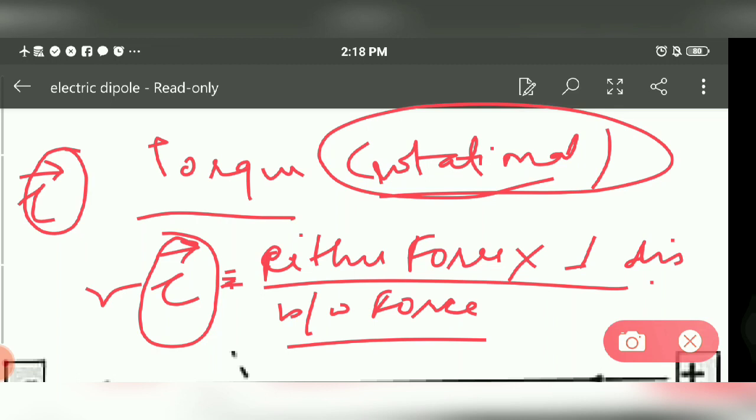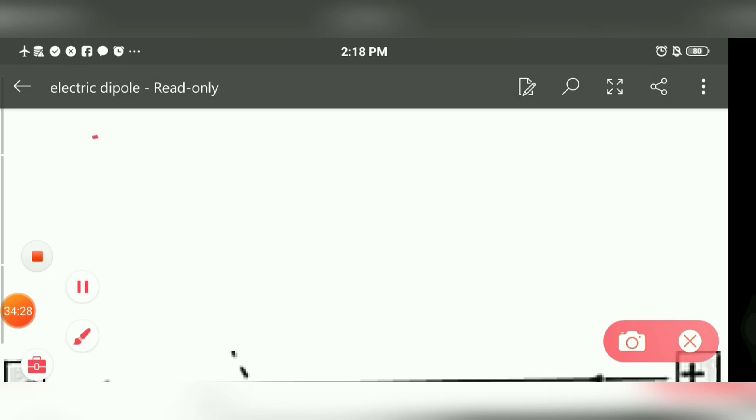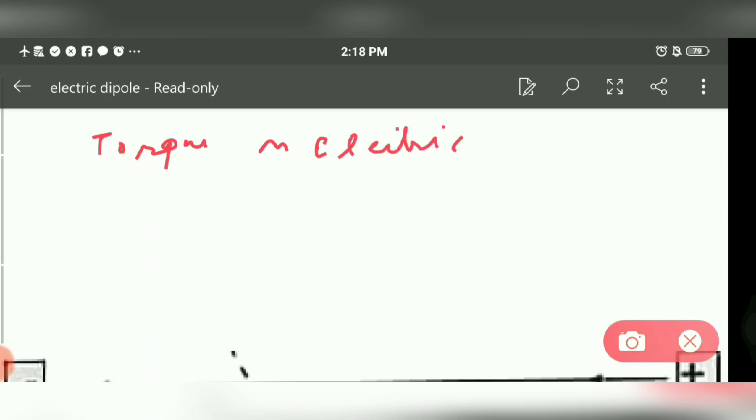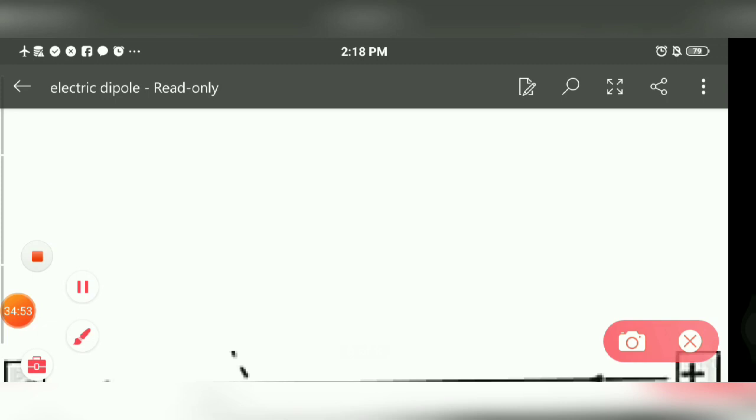First we are going to find the torque on an electric dipole placed in a uniform electric field. This electric field is uniform, its value is going to be the same at every point and every area. So the diagram for this is: this is a uniform electric field.